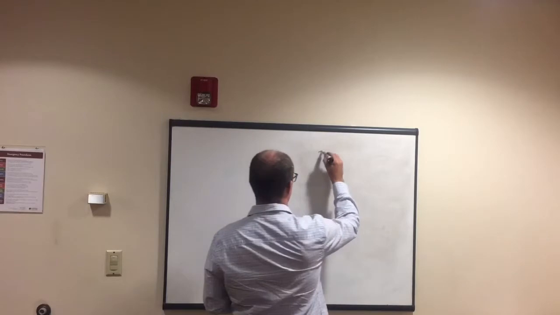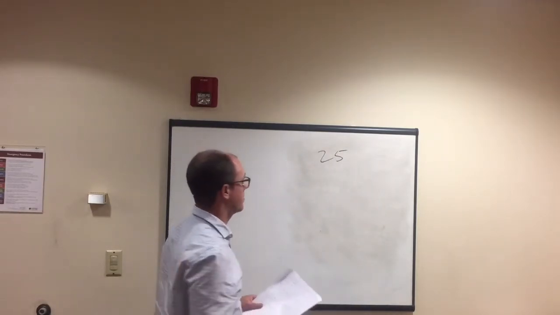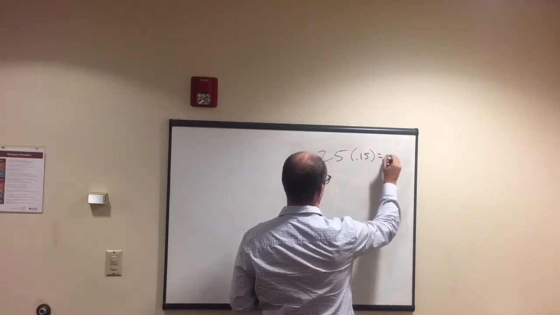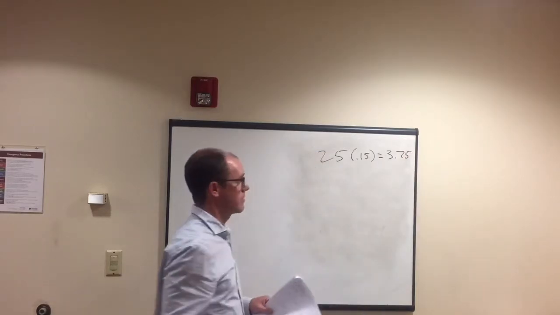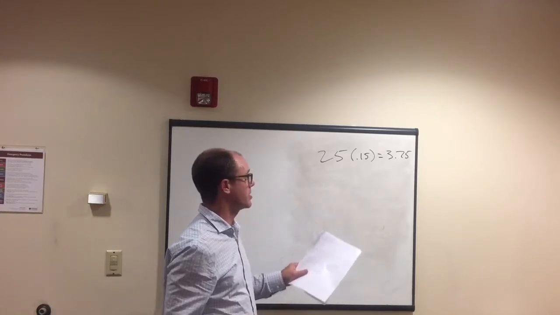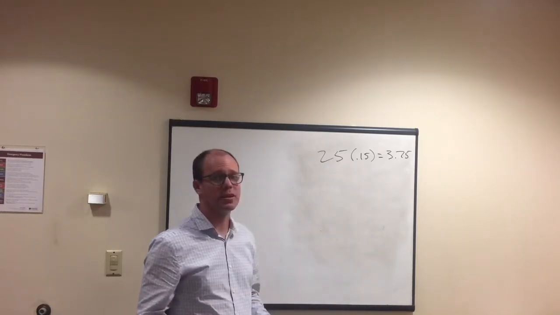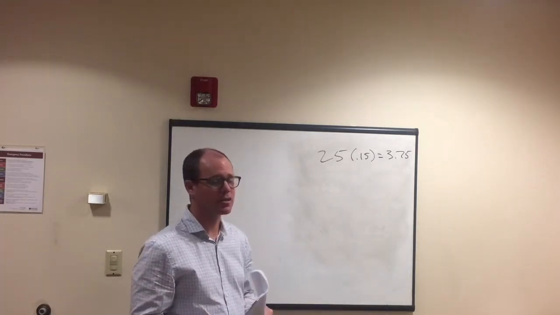So I pay $25 for a meal, and I'm going to tip 15%. Right? So we just multiply by 0.15. That's $3.75. Right? Now you want to make sure you read the question carefully. And so did the question say how much is the tip, or did they say how much is the total including tip? Right? If they just said how much is the tip, $3.75, there you go, and you're done.